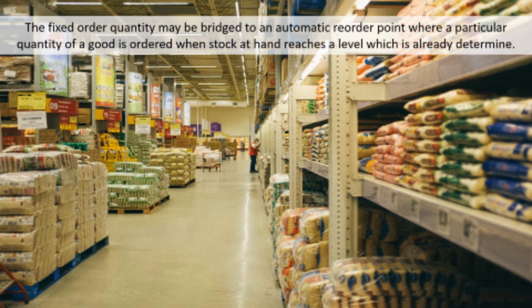So the fixed order quantity model can act as a bridge for the automatic reorder point, where a particular quantity of goods is ordered when stock on hand reaches a level which is already determined. So the management need not decide every time how much quantity to order.